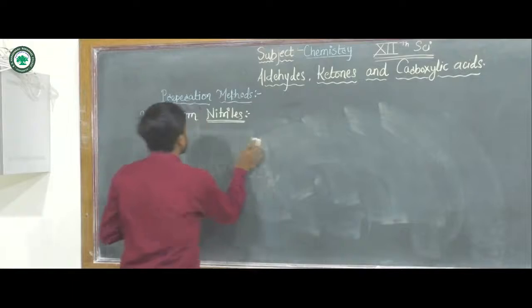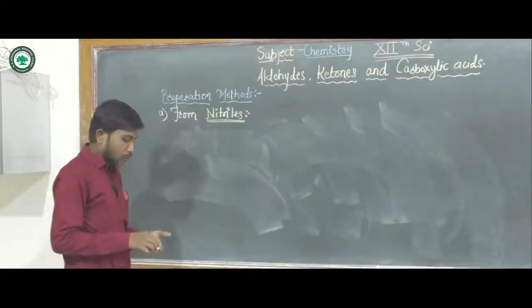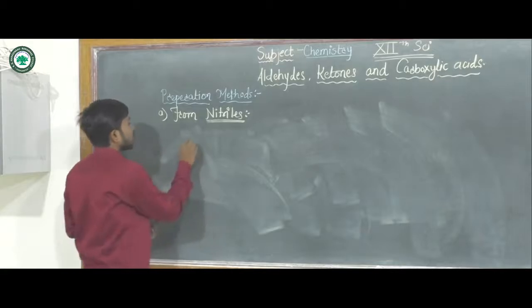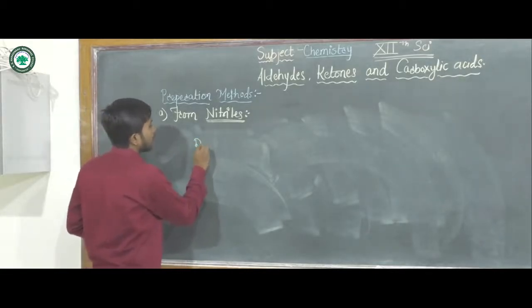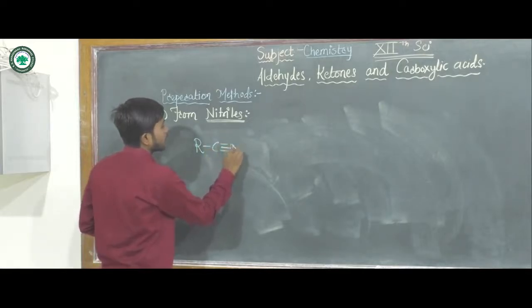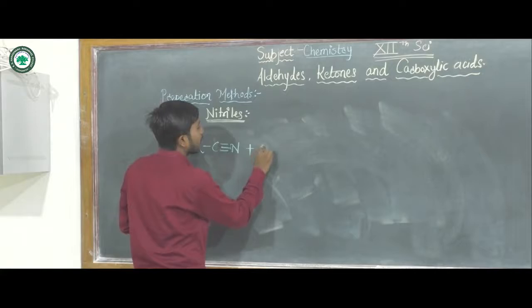Now for the preparation of ketones from the same nitriles, first the general reaction: RCN when it is treated with the Grignard's reagent.